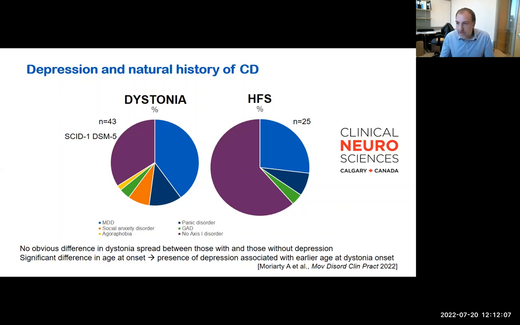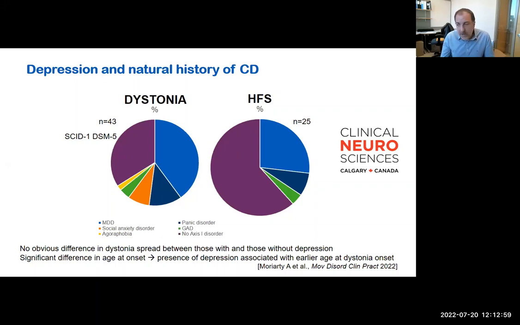This is an experience from a relatively short number of patients from the Calgary Center, just to indicate that when depression and anxiety are screened with very long and sensitive instruments like diagnostic interviews, like the Structured Clinical Interview for DSM diagnosis, the SCID-1, we can observe the presence of a depressive or anxiety disorder in up to 2/3 of these patients, at least with a lifetime diagnosis, and something around 50 to 55% as a current existing anxiety or depressive disorder.